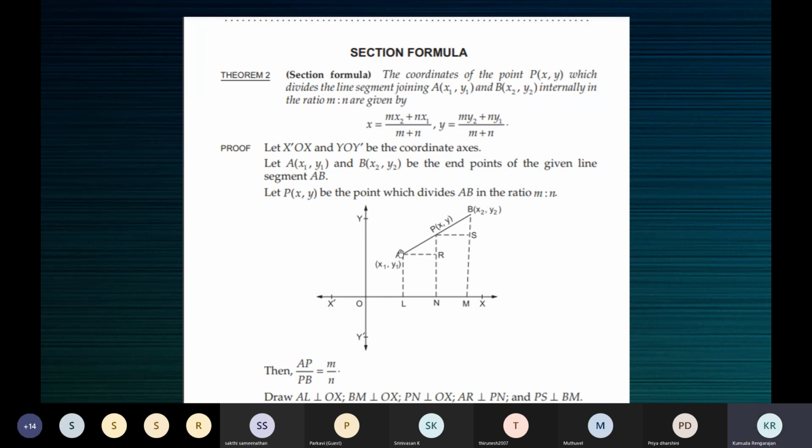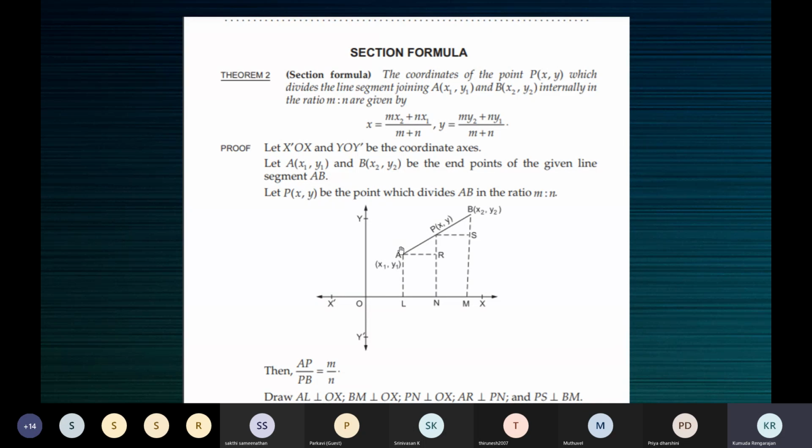Now, let's say there's a point P that lies on the join of the points A and B.